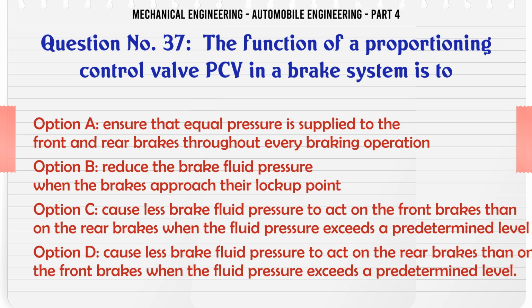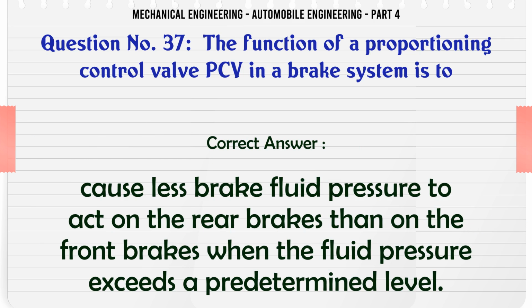D. Cause less brake fluid pressure to act on the rear brakes than on the front brakes when the fluid pressure exceeds a predetermined level. The correct answer is: cause less brake fluid pressure to act on the rear brakes than on the front brakes when the fluid pressure exceeds a predetermined level.